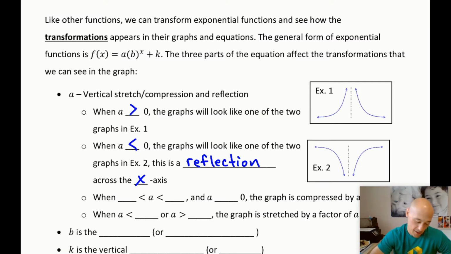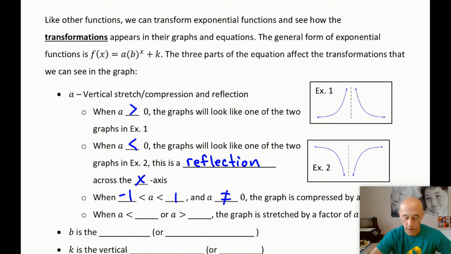All right, so looking ahead, the graph is compressed by a factor of a when a is between -1 and +1, so a is greater than -1 and a is less than +1, with a not equal to 0.